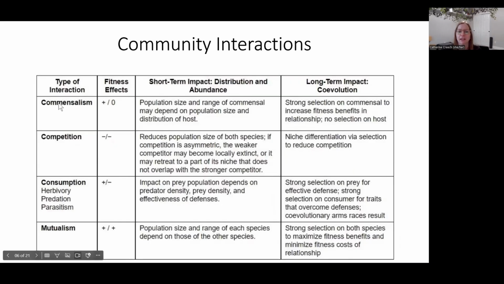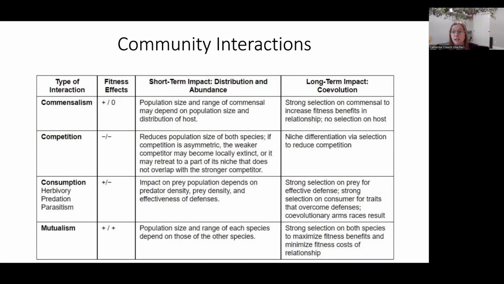So if we have a commensalism, one of your partners is going to benefit. That's what the plus means. But the other is unaffected. That's what the 0 means. An example of commensalism is epiphytic plants. So the plant that grows on top of another plant, but not in the dirt, we call it epiphytic. Things like orchids and vines and moss and liverworts, all of those are epiphytic.